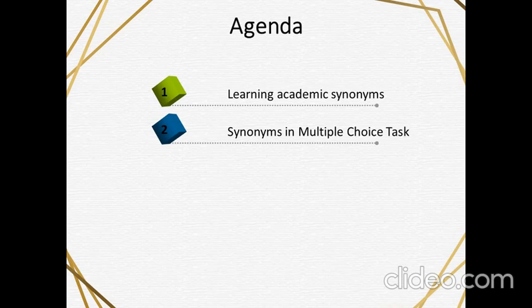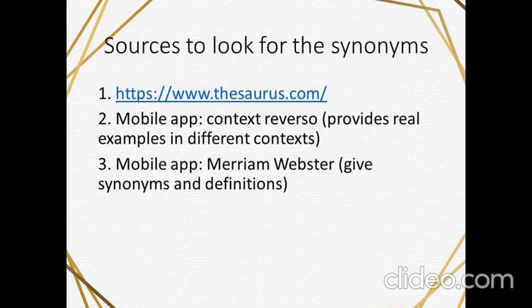task. So first of all, there are 3 resources where you can expand your vocabulary. First is using Thesaurus dictionaries or the Thesaurus website, thesaurus.com. Secondly, you can upload into your mobile app the Context Reverso translating app.